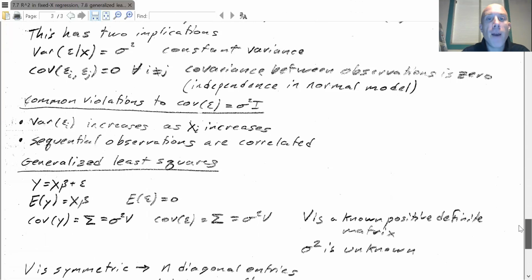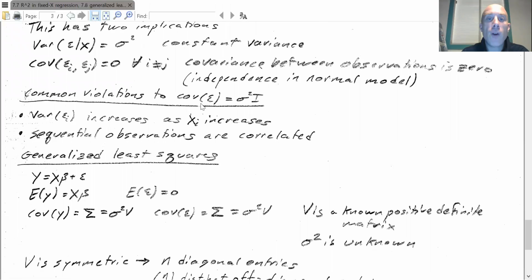So here are some common violations for the covariance of epsilon to be equal to a constant times the identity. One common situation is that the variance of our residuals increases as the x predictor variables increase, and we can see sequential observations are correlated with each other. So if I look at my residuals and I see something that looks like a time series plot, then I can say, hey, I do not have covariance of 0 between my residuals.